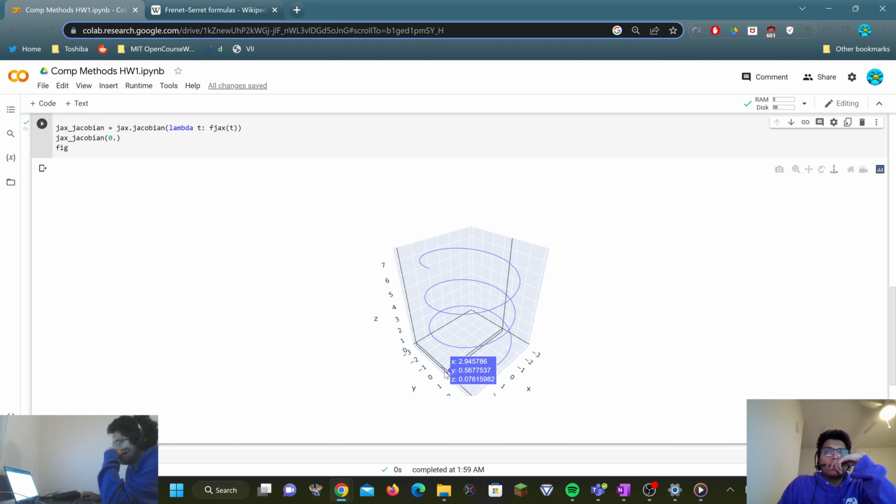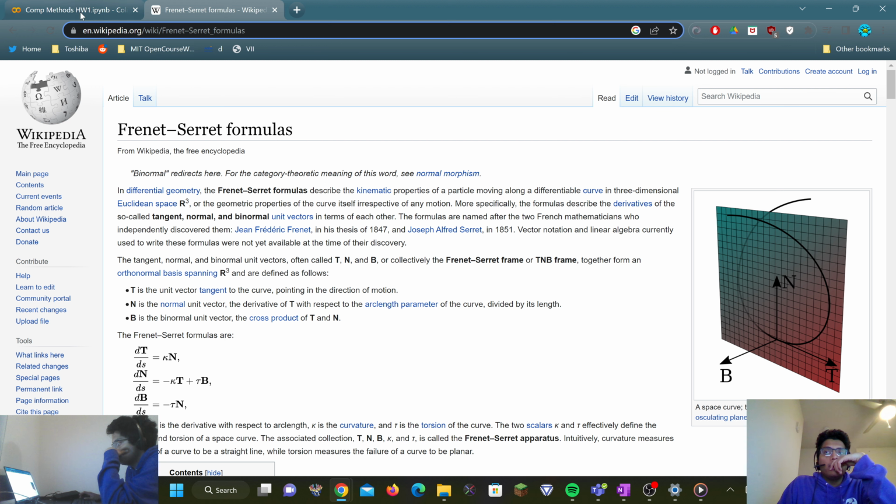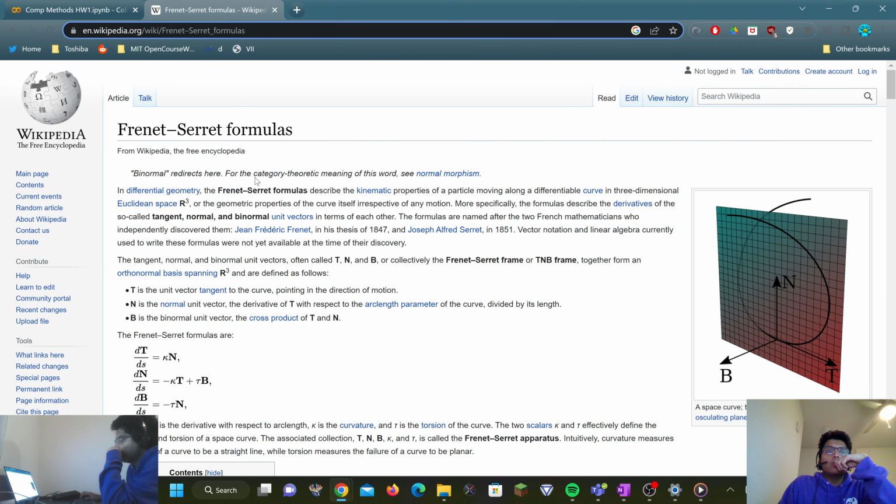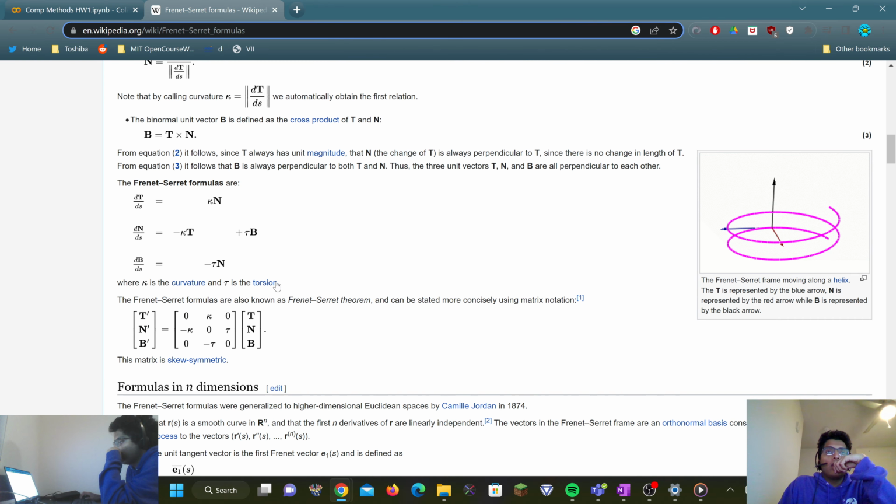So if we look at it like this, the tangent would be right here, and then the normal would be right here, and then the binormal would be coming out of the page.